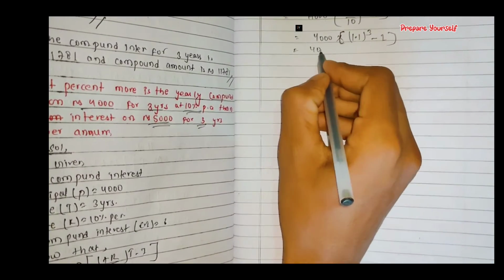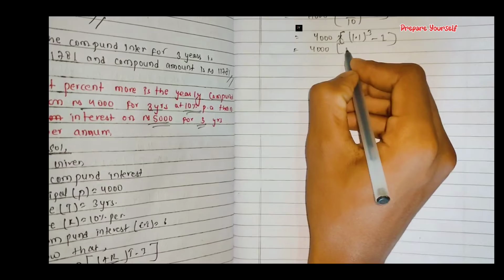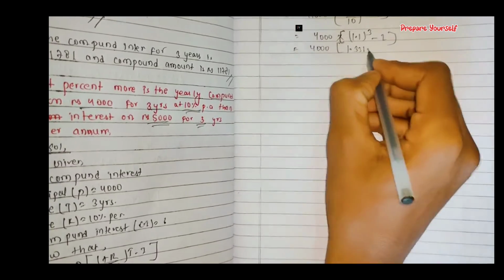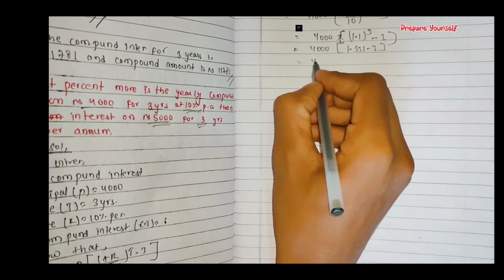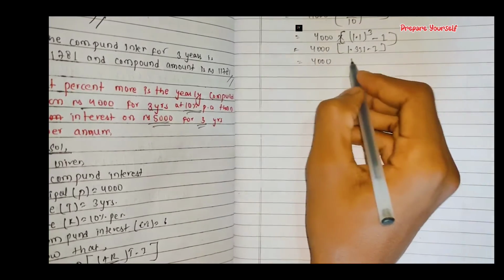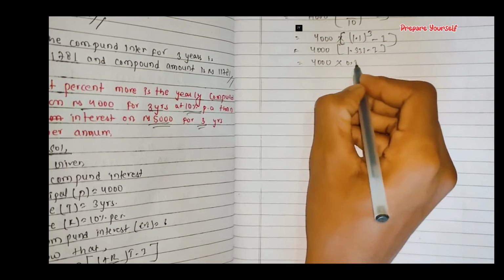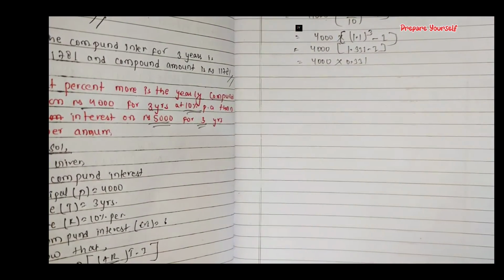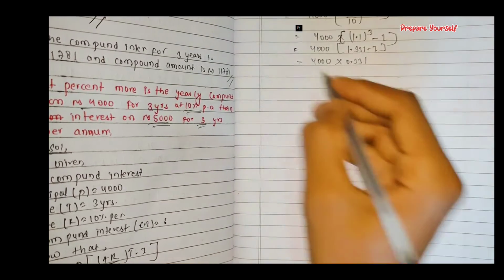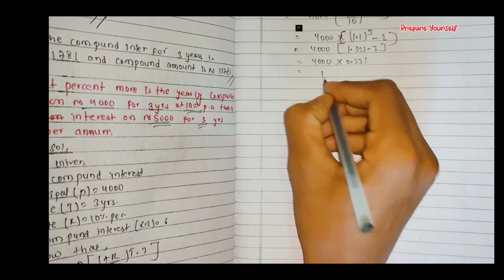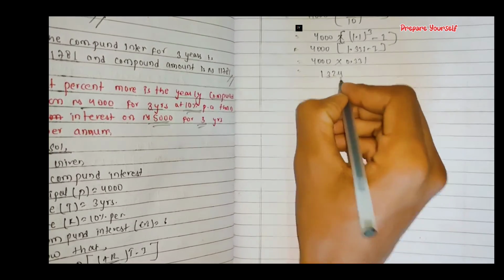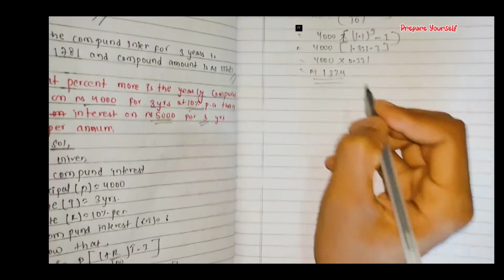So the answer will be 4000 into (1.331 minus 1), this will be 0.331, and when we multiply with 4000, this will be rs 1324. So this is the compound interest.